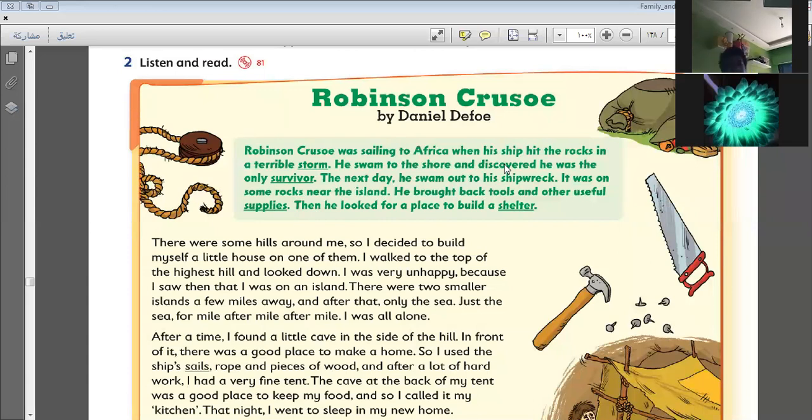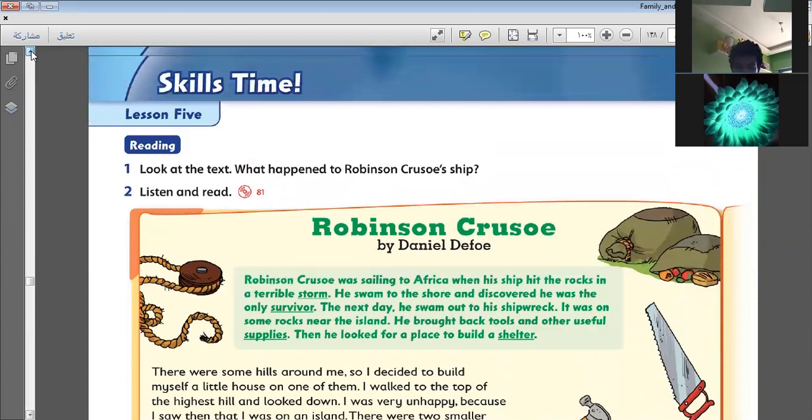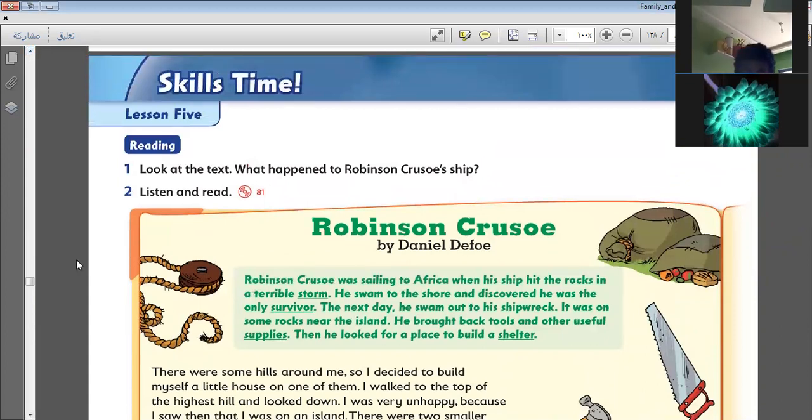Please move to page 88, student book, page 88, at Robinson Crusoe. Sixth grade, page 88, student book, number your lines.